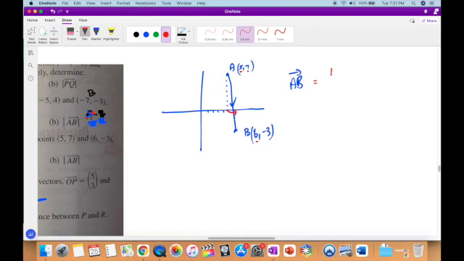It goes from 7 to -3. So this 7 plus this 3 down gives us 10 vertical. So that means -10 on the vertical.